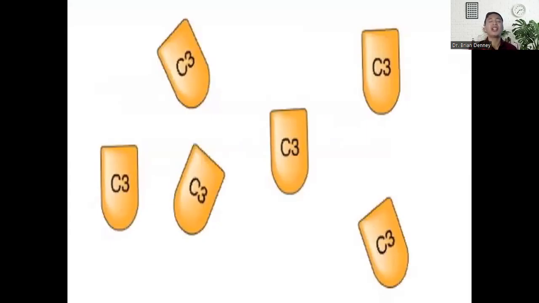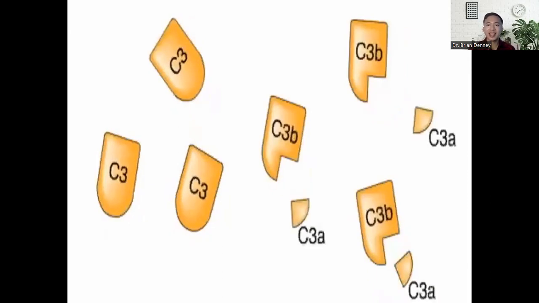Once your C3 molecules undergo hydrolysis via thioester bonds, C3 is fragmented into two fragments, namely C3a and C3b. Say hydrolyzed. Your C3 molecules now are hydrolyzed, producing C3a and C3b.